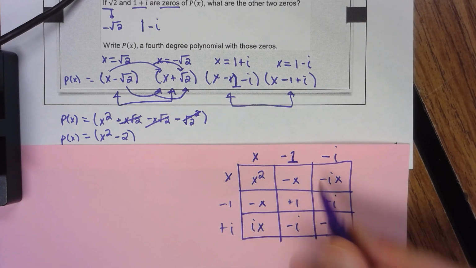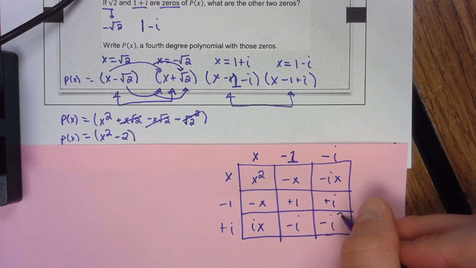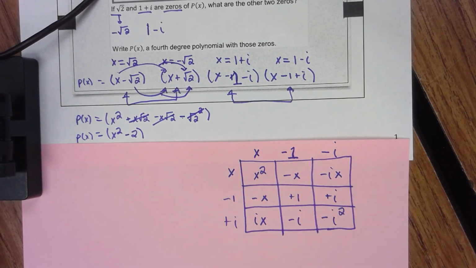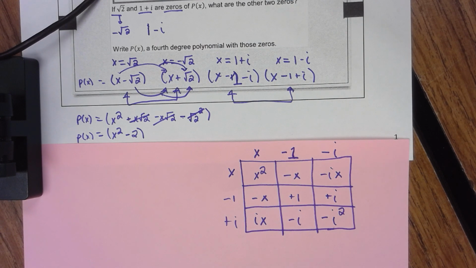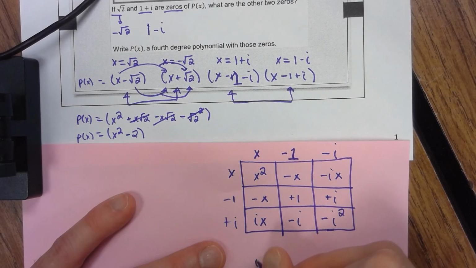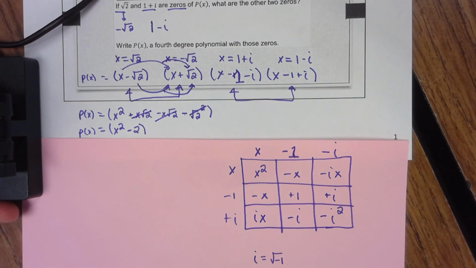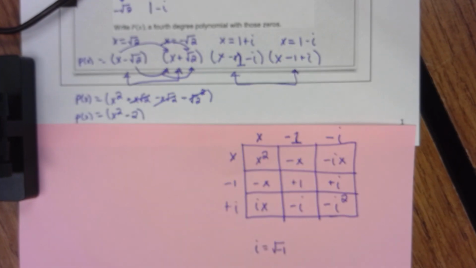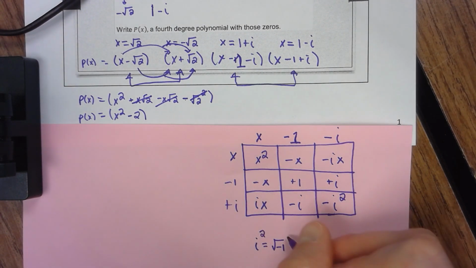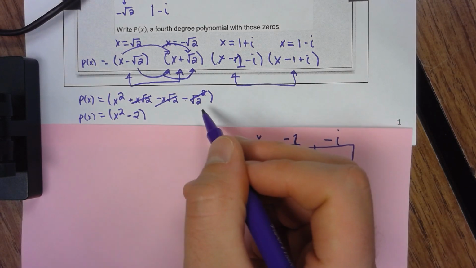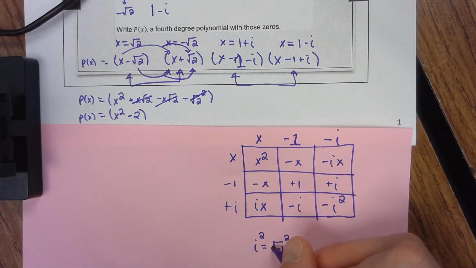But then I have an i times an i, which is i squared, which brings in one more new concept with what i is and what imaginary numbers are and what happens when we square them. So remember that i is equal to the square root of negative 1. Well, when I square that, the squaring and the square root cancel, just like what we saw up here with the root 2 squared.